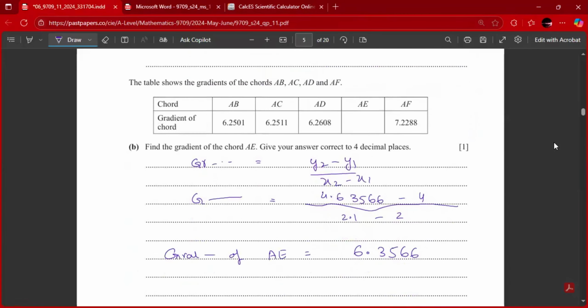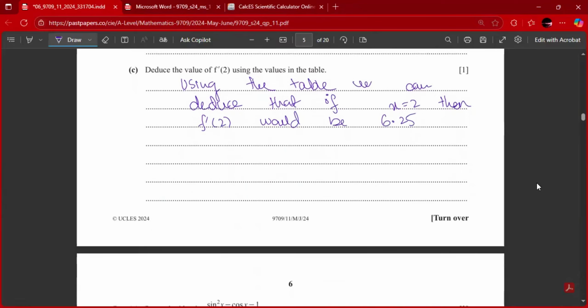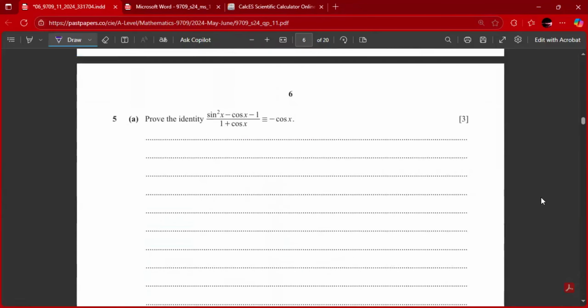Just write, using the table, we can deduce that if x is equal to 2, then the value of the gradient, like dy over dx, would be 6.5. It's a 1 mark question, guys. You just need to write the explanation.